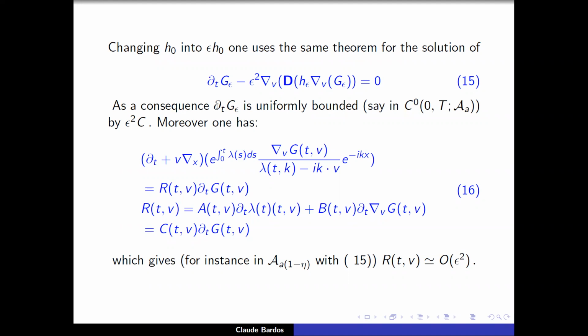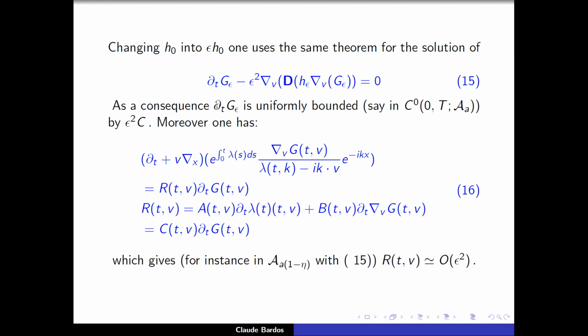So the difference here involves the derivative with respect to time of the gradient of G of the slowly varying profile and of the lambda of T, which now depends on time.